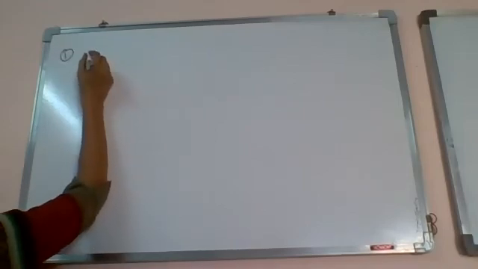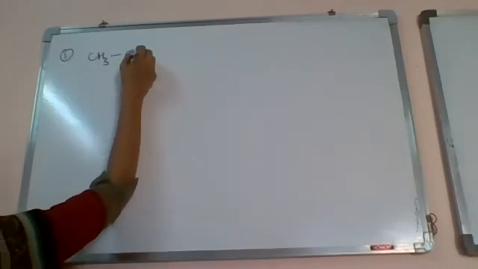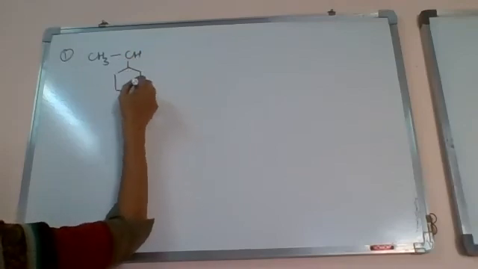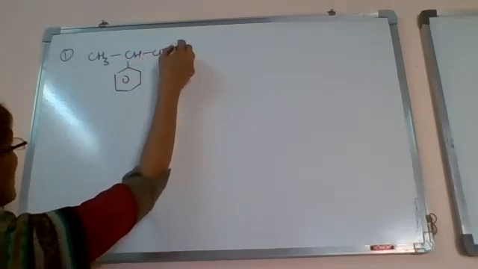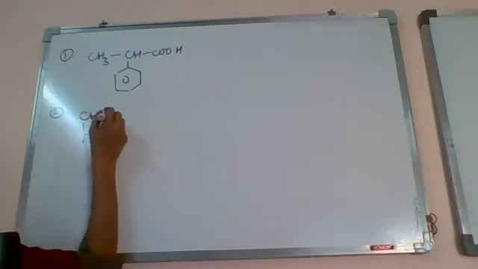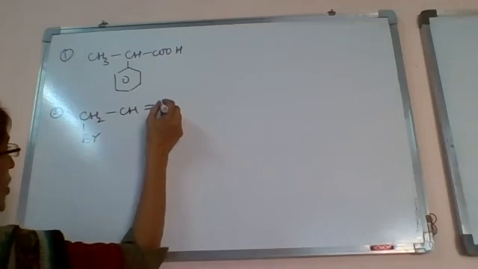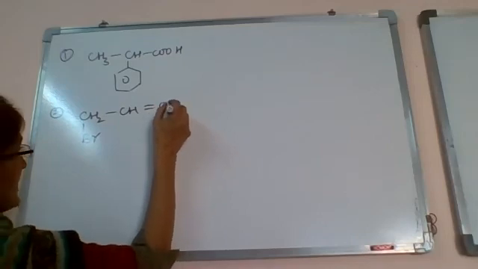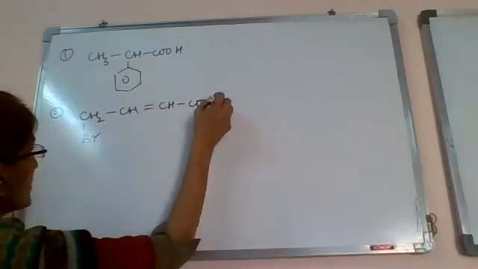First, CH3, CH, COOH. Second, CH2Br, CH double bond CH, COOH.